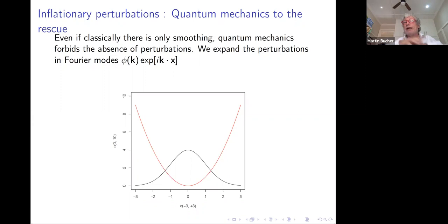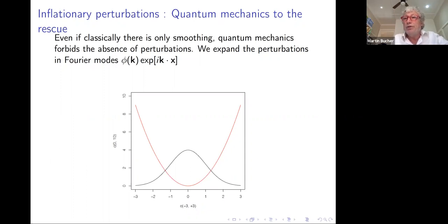And then when you stretch and you stretch and you stretch, well, you see those that are in the ground state. And that sort of gives you a unique preferred vacuum.